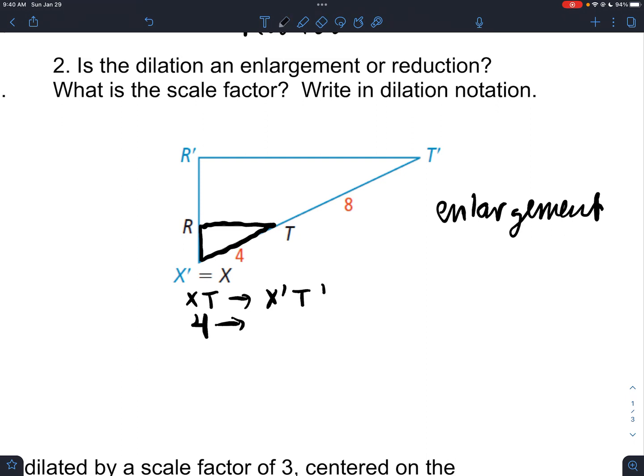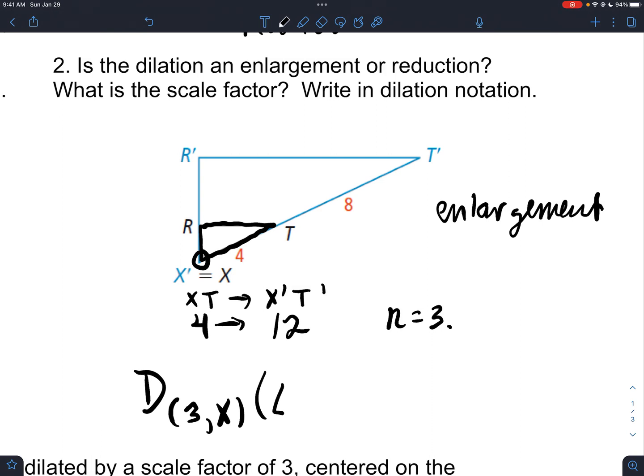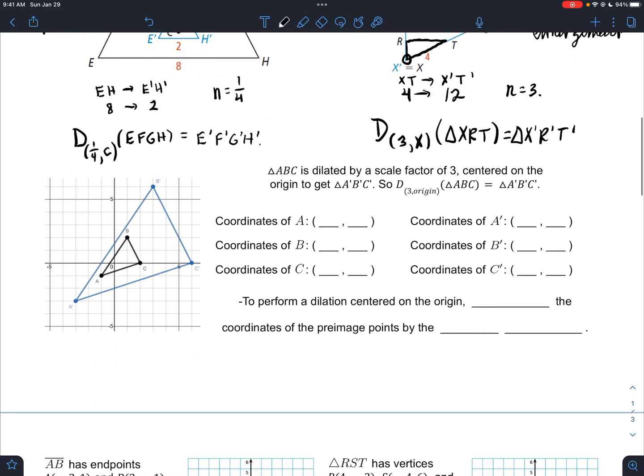And X prime T prime is actually equal to 12. And I think I actually made that mistake the first time I did this. I thought the scale factor was 2, but it's actually 3. So it would be dilate by a factor of 3, centered at the point X, which is a point on the pre-image and the image. Dilate that pre-image, and that will equal the image.